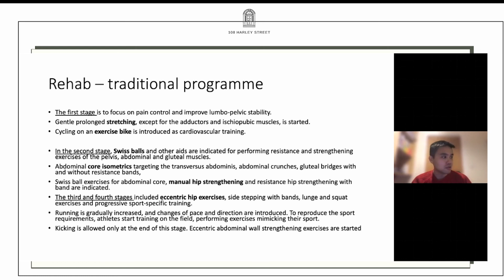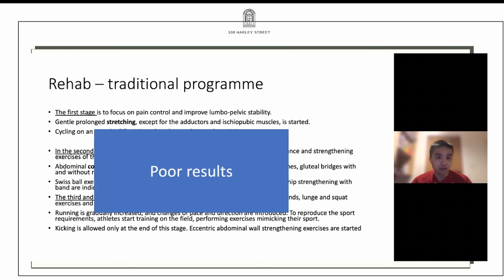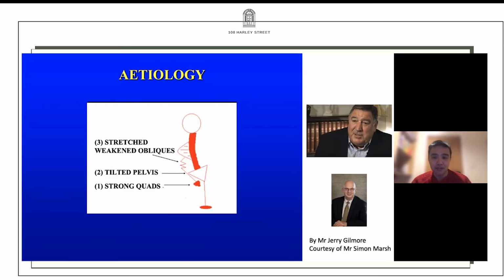As Mr. Gilmore told us, overstretch of the muscle is the problem, so we don't want to stretch that overstretched muscle. That's my own opinion on why this rehab regime has not had a very good result.